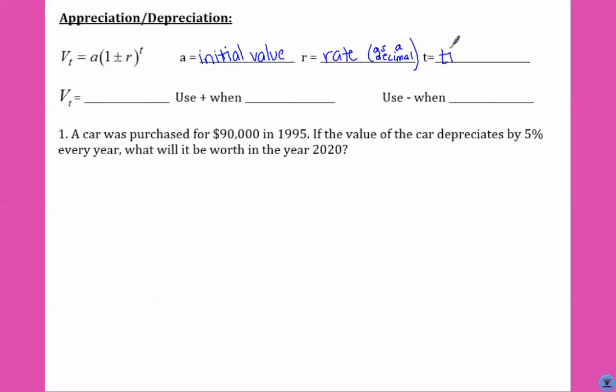T is going to be time in years, typically. V sub t is our final value. In our equation, we have a plus or minus. We're going to use plus when the value goes up, and minus when the value goes down.